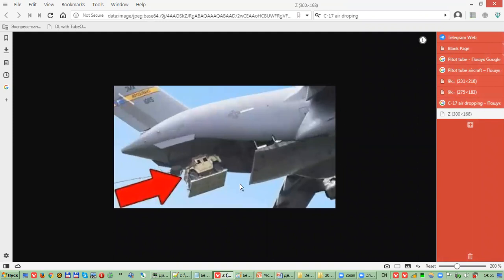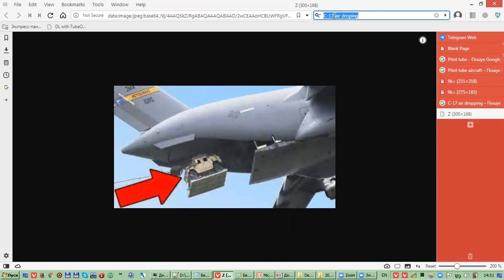So the rear end of the aircraft has a cargo hatch, a ramp, and these two vertical strakes. These vertical strakes create additional vortex, and this vortex improves the situation with air, with the parachute of cargo or troops.